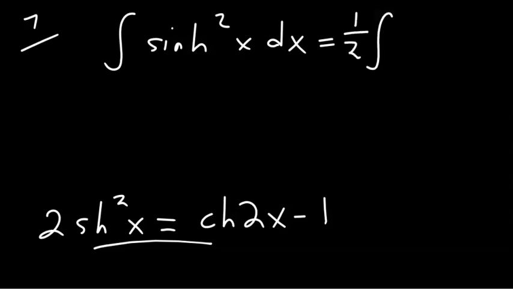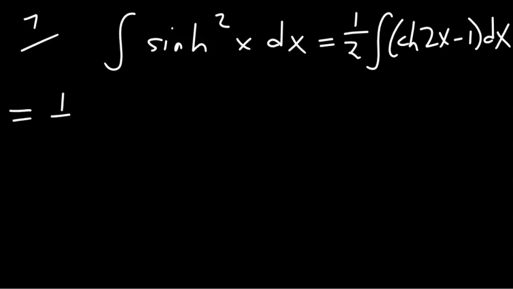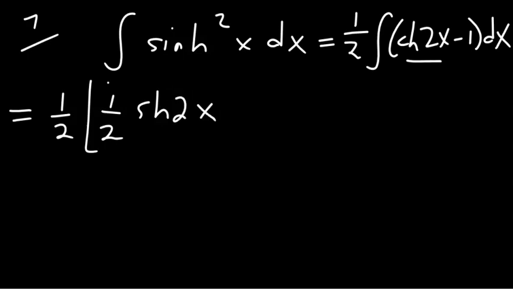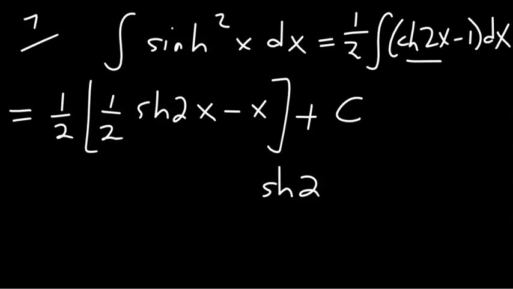Half integral of hyperbolic cosine of 2x minus 1 dx, which is pretty easy. You can write the half in front. Integrating hyperbolic cosine of 2x will give you half hyperbolic sine of 2x. Now integrating 1, you simply get x plus an integration constant c. Now we can simplify it a little bit further. We know that hyperbolic sine of 2x is 2 hyperbolic cosine of x and hyperbolic sine of x.